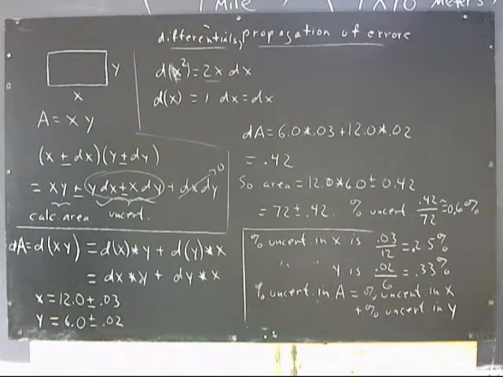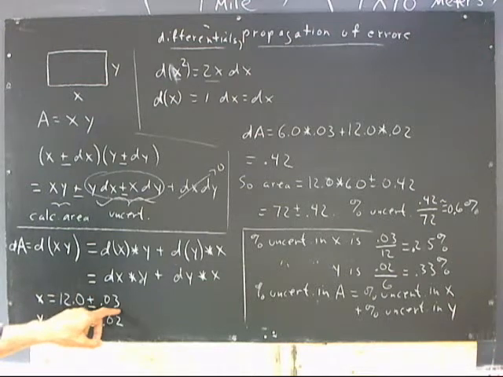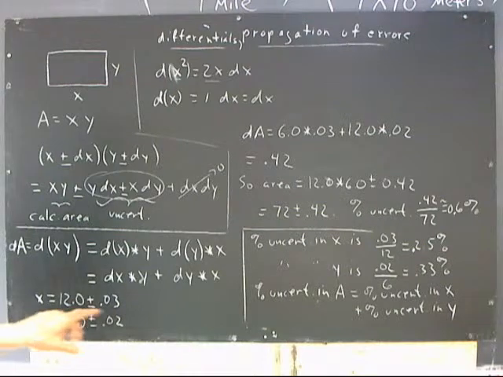Okay, now let's say that x is 12.0. I mentioned in class that it's very unlikely that all your measurements will end up with 0.0, but for the purpose of illustration, I've chosen to make it so. You've measured it, and it's 12.0, not 12.1, not 11.9, but you have a plus or minus of 0.03 in that measurement.